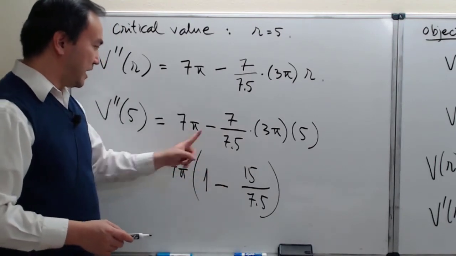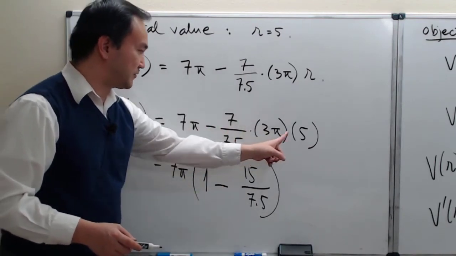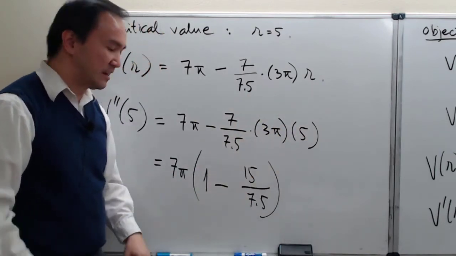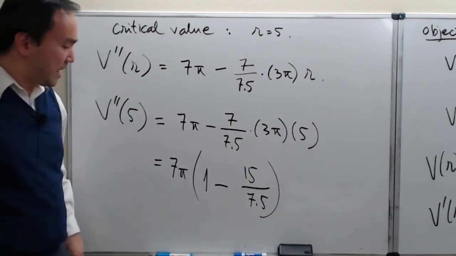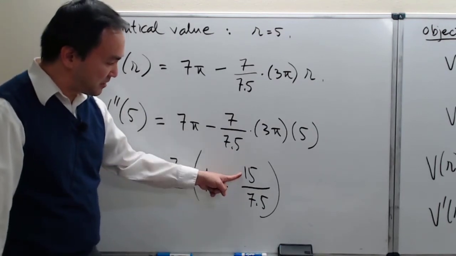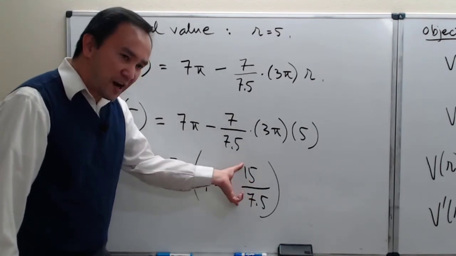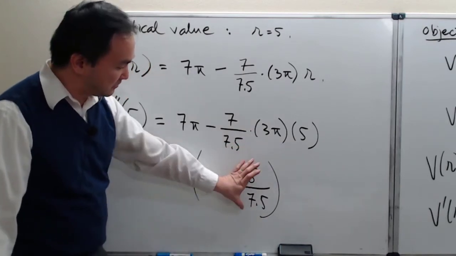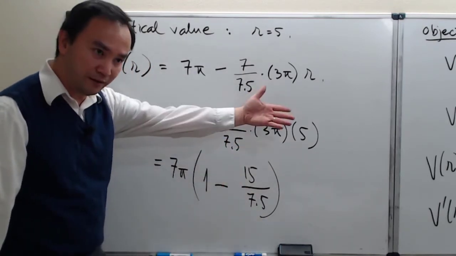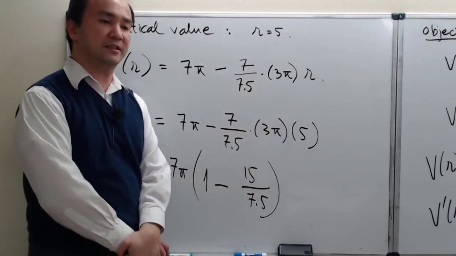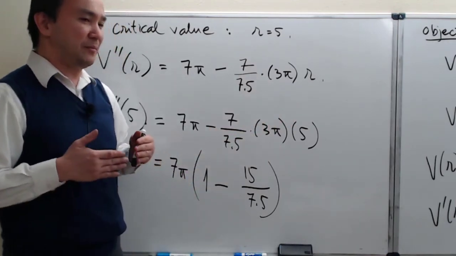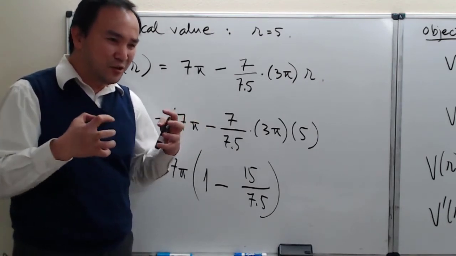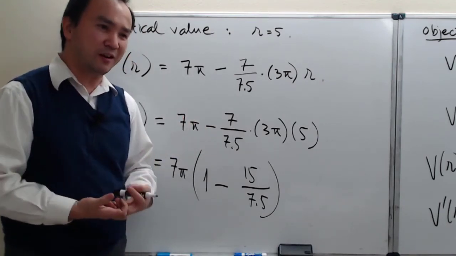So with 7 pi factored out, we have left in this second term 15 over 7.5. And I don't even need a calculator, because clearly, in a fraction where the numerator exceeds the denominator, the overall fraction has to be above 1. It's a rule of math. Trust me, at this point, when you've made it this far into calculus, start making use of a lot of things you have learned. I believe you have learned enough already.